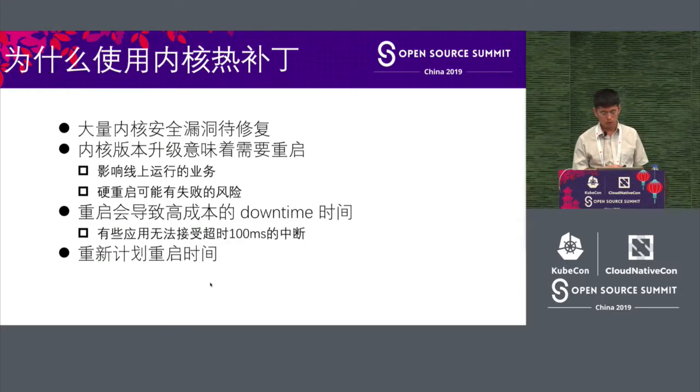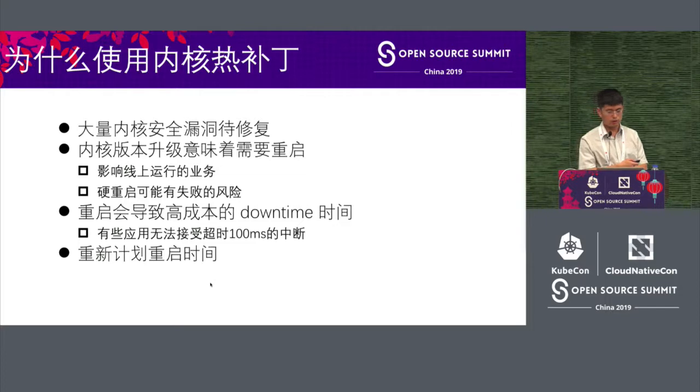So why are we using live patching? First, as we all know, there is a lot of code in the kernel. The quantity is large, some minor bugs are inevitable, and there are some loopholes as well.